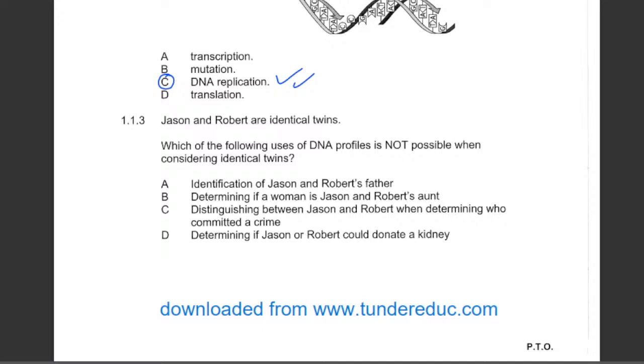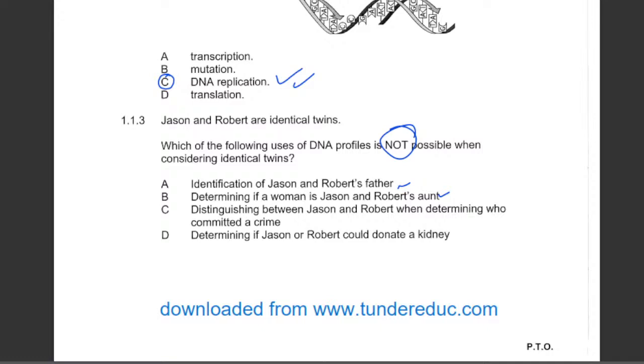Number 1, identification of Jason and Robert's father. It looks to be correct. Then determining if the woman is Jason or Robert's aunt. Which one looks to be correct? Also correct. So we are looking for the one which is not used.